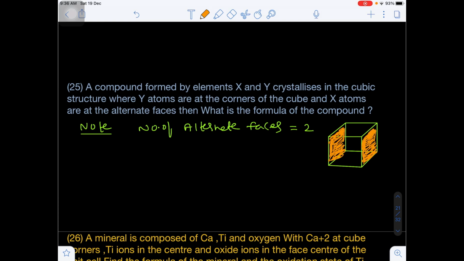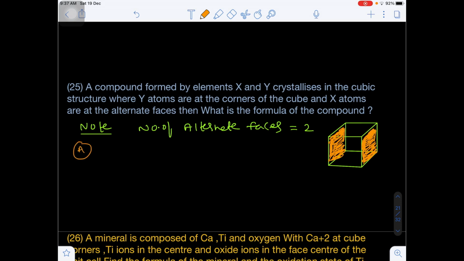Are you getting my point? Suppose if you consider this one, the alternative face will be this one. Suppose if you consider this one, the alternative face will be this one. So anywhere in a cube, there are only 2 alternative faces.